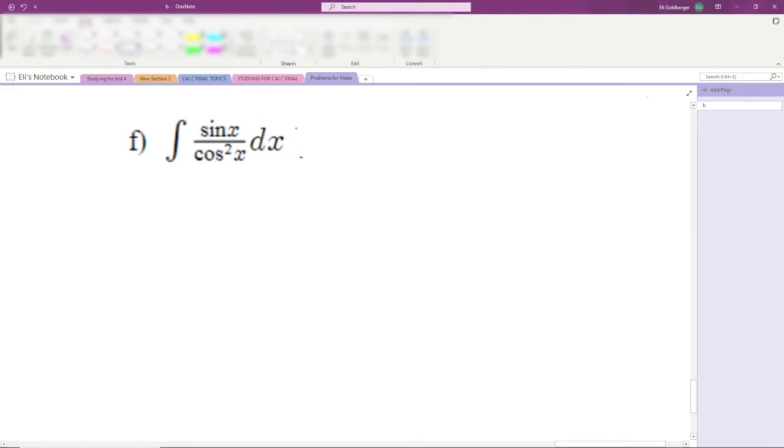Okay, this is problem 23f. And for this one, we're trying to find what to substitute u for. First, we can rewrite this to make it more obvious. We can rewrite this as sine of x over cosine of x squared. And then it should be more obvious, so let's substitute u for cosine of x.